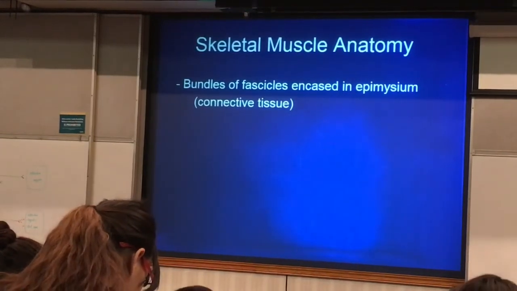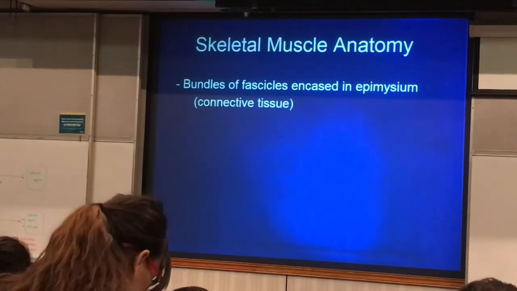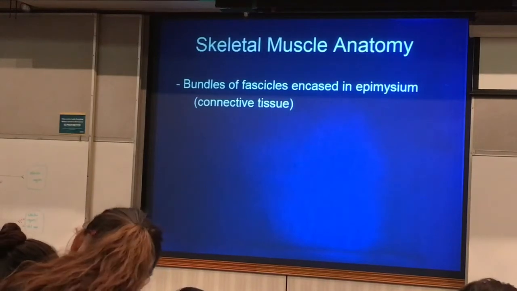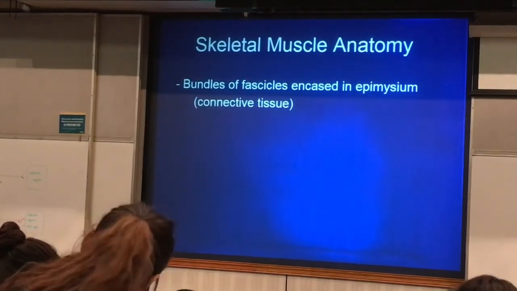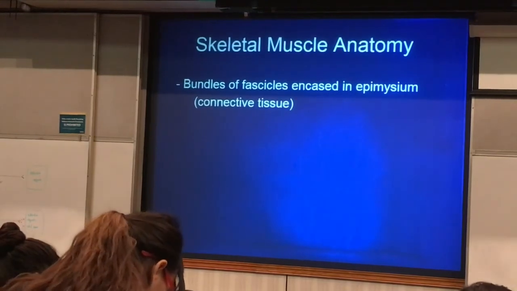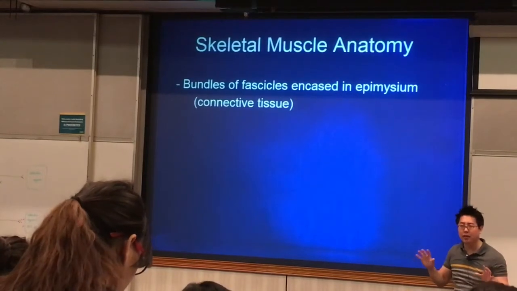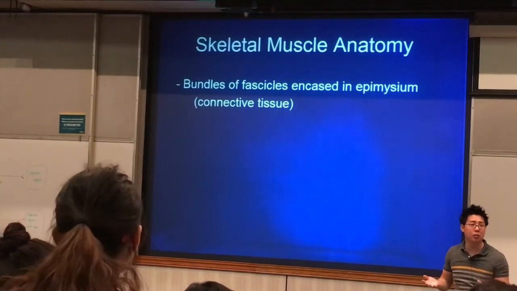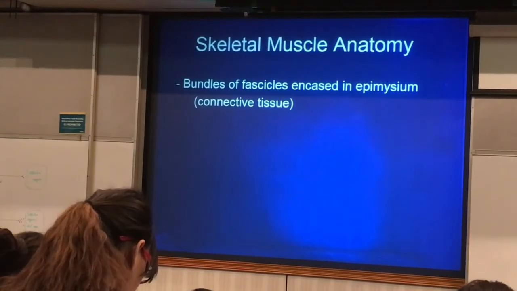So inside this muscle, there are a bunch of other bundles. Each one is called a fascicle. And the whole thing is going to be encased in something called epimysium. Go ahead and say that. Epimysium. You guys remember this, kind of? I don't know how well you remember your anatomy, but we'll go over it either way.